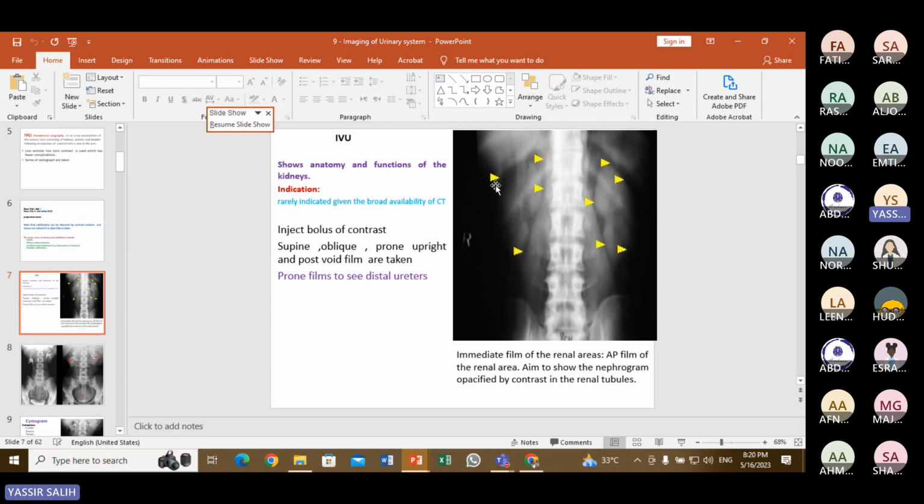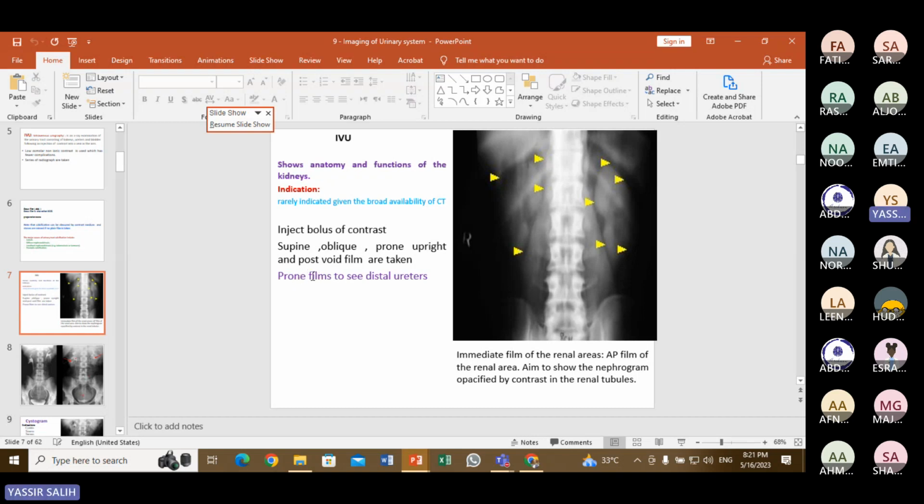And also this IVU can demonstrate the function. يعني you can assess the function by this IVU. هتعرف إنه this kidney is functioning or not by the IVU. So IVU, what is the imaging technique that can demonstrate both anatomy and function of the kidney? Is it IVU? Is it other? So this is IVU.